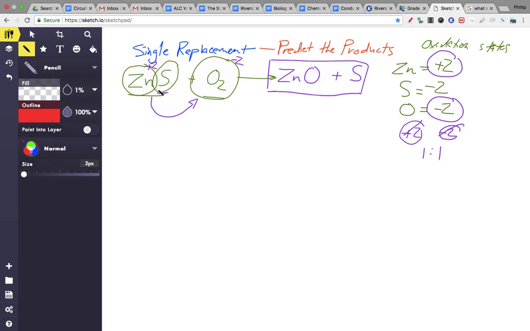So really quick, I see that there are 2 oxygen, so we're going to need a 2 coefficient. That gives us 2 zincs, so a 2 would have to go here as well, and then 2 sulfurs and 2 sulfurs.